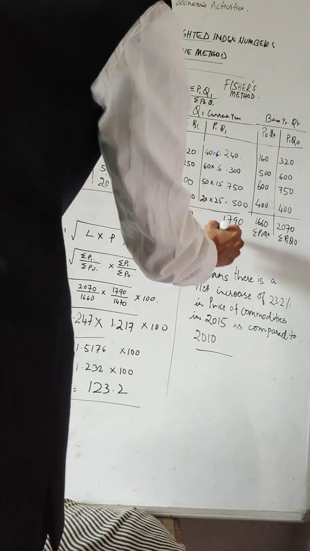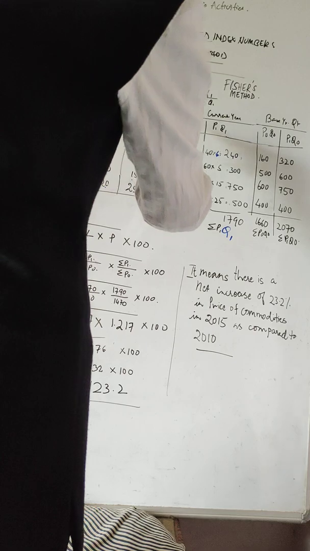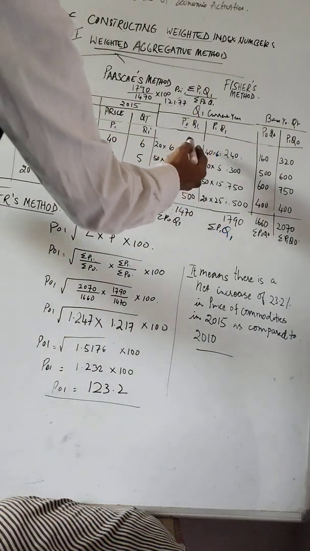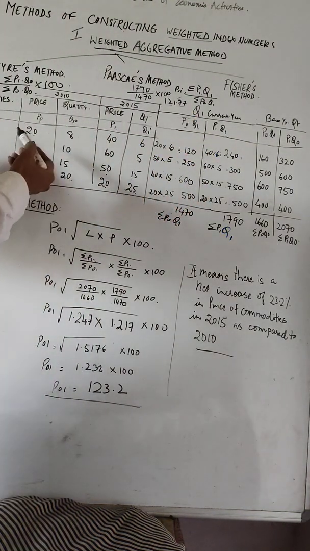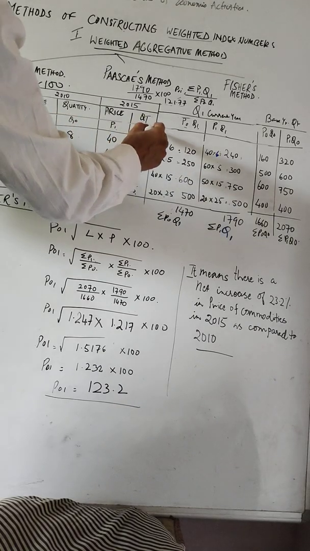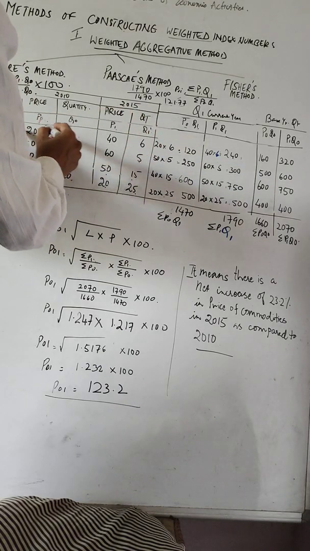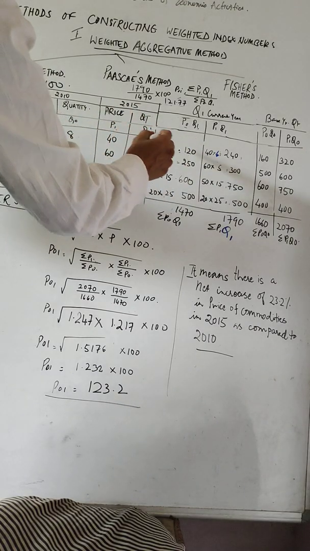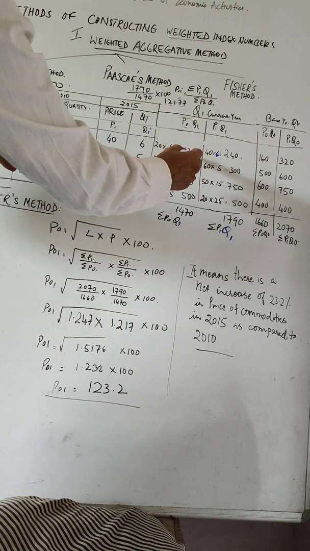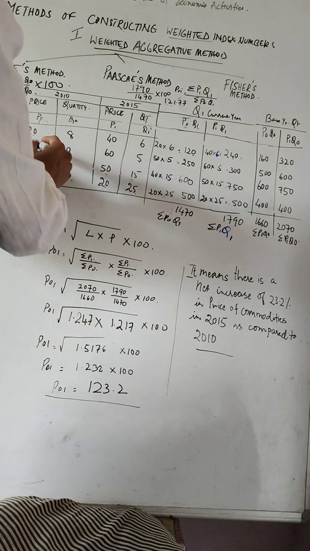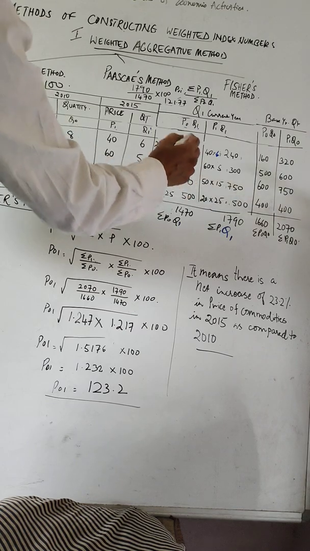So we take the current year weights and this is how we do it. Now let's do one or two just to show you. Let's take P0 and Q1. So 20 into 6 is 120 for commodity A. 50 into 5 is 250.